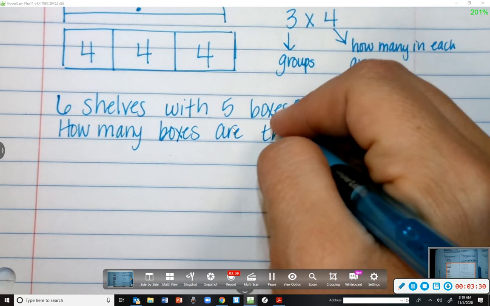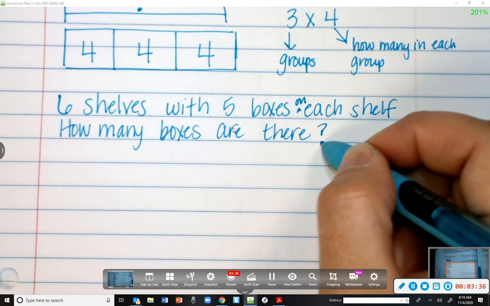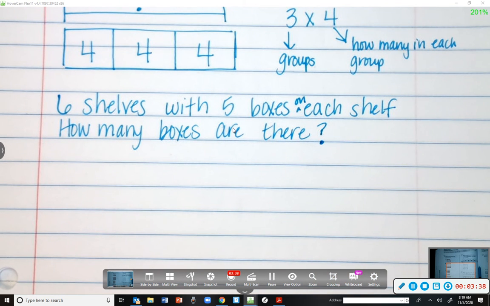Okay, you should be working out your strip diagram and finding the answer to the question. How many boxes are there? 6 shelves with 5 boxes on each shelf.